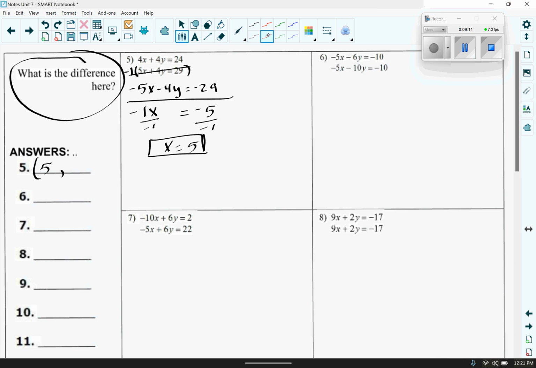So we're going to plug that right back in. And I'm going to say 4 times 5 plus 4y equals 24. This is 20 plus 4y equals 24. Take away 20. So 4y is equal to 4. Y is equal to 1.